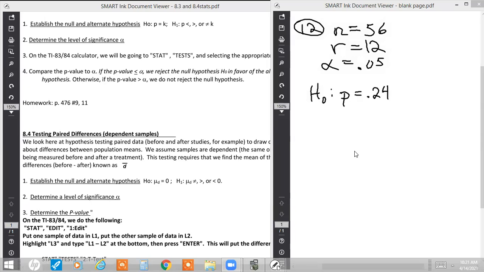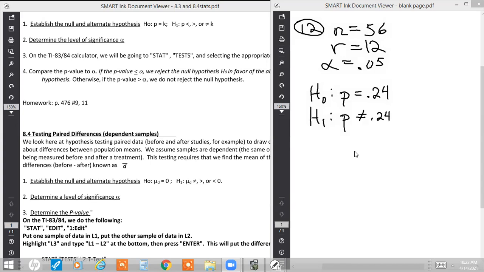Then they took students at a particular college. So we want to know, is the proportion not equal to 0.24, which means either way, right? Any questions on that?